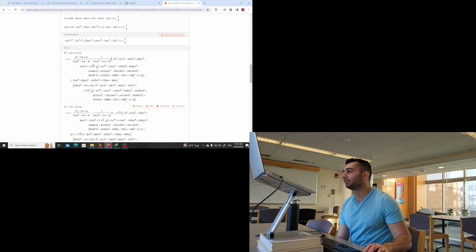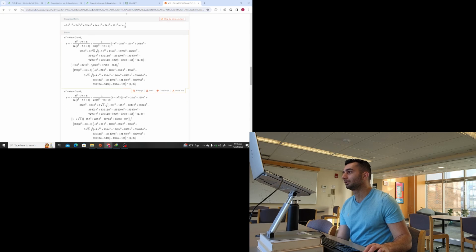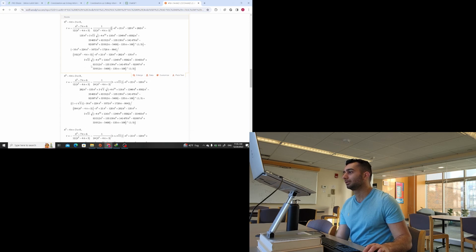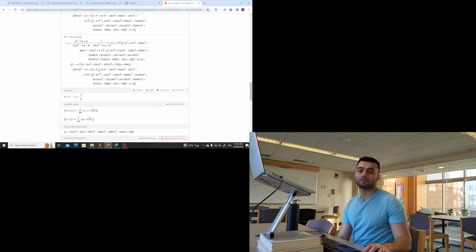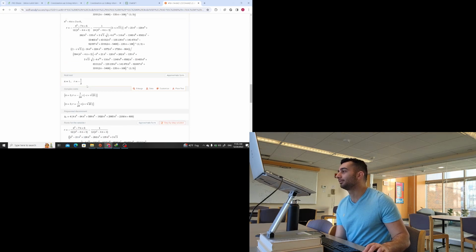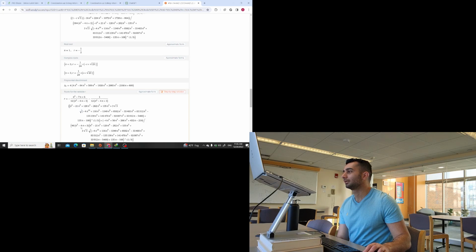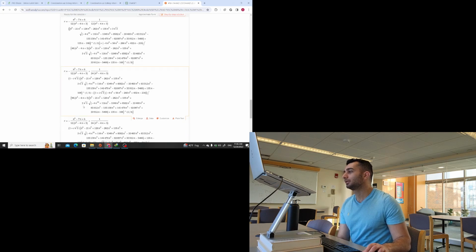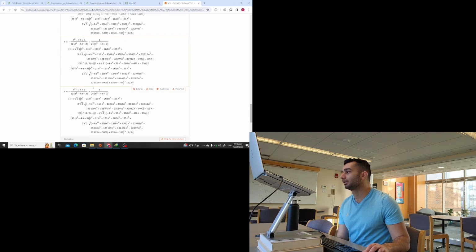Oh, he computed the roots. Damn, Wolfram is crazy. Complex roots. Roots for the variable r.